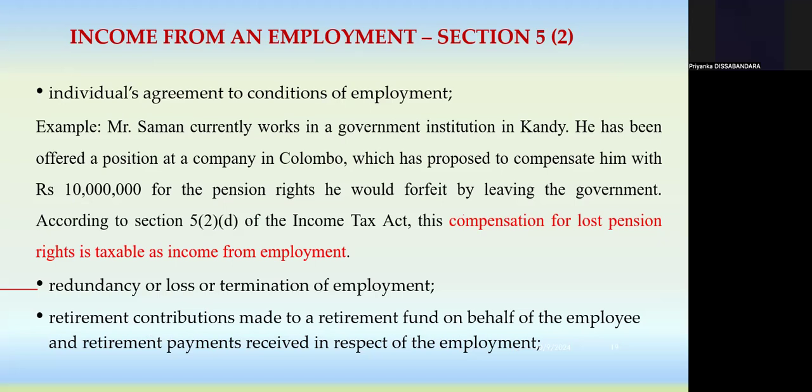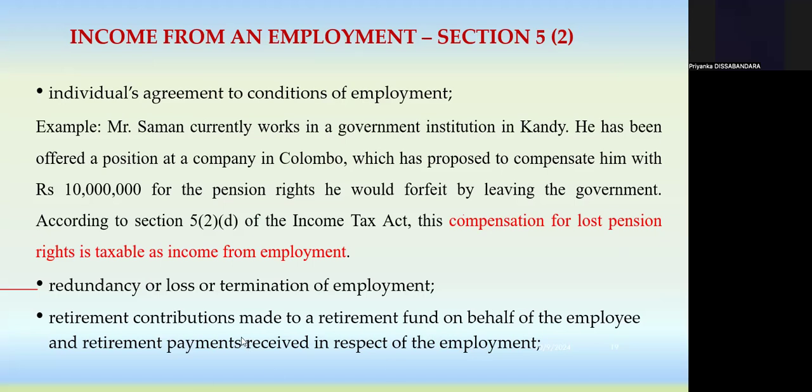But after that, what we have to do, if that retirement contribution is made to a fund, and if that fund is approved by the Commissioner General, only in that situation we can exclude that amount. මම හිතන්නේ තේරුණාද දන්නේ? අපිට කියනවා retirement contribution එකක් කරන වෙලාවේදී employer ඒක include කරන්න කියනවා. හැබැයි මේ retirement contribution එක කරන fund එක, if that fund is approved by the Commissioner General, then we can exclude it.